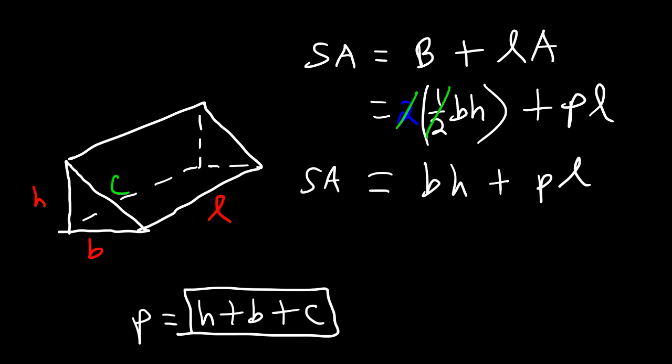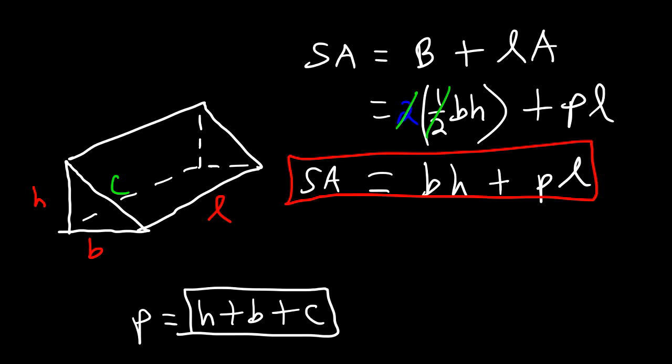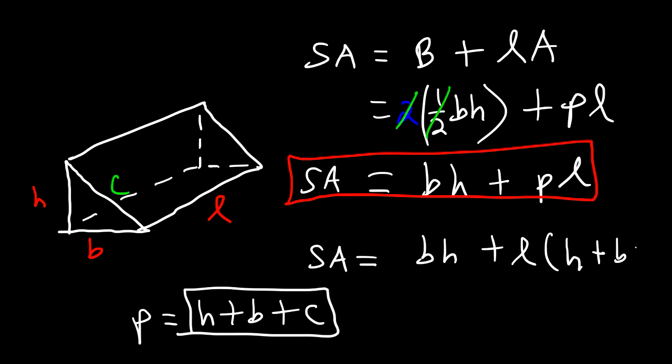So I'm going to write the equation like this, but if you want to, you could simplify your calculations by replacing p with h plus b plus c. So you can also use this formula if you find it easier. But I'm going to refer to this one most of the time.